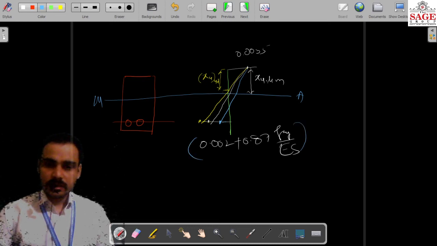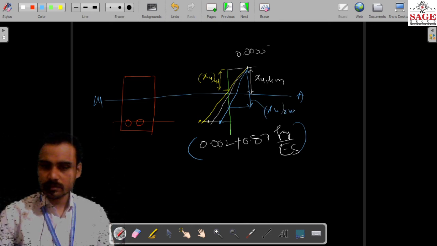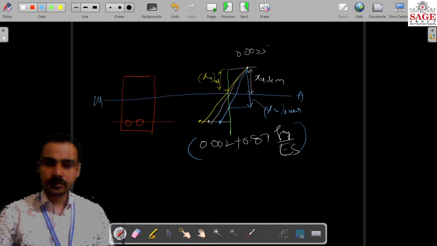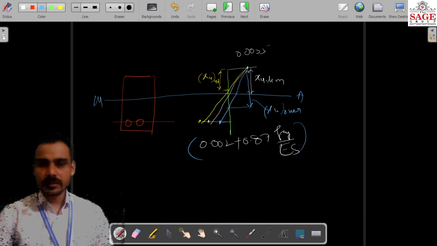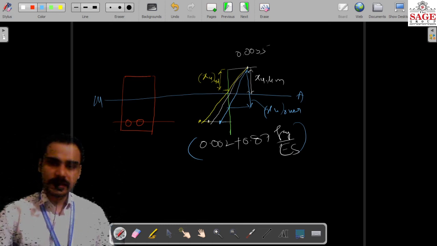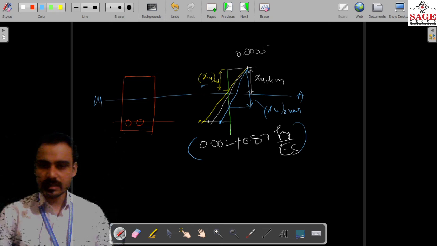In that case, the depth of neutral axis will be that value, that is XU for the over reinforced section. So here we can check very easily that the XU for the under reinforced section is less than the XU limit, and the XU for the over reinforced section is more than the XU limit.